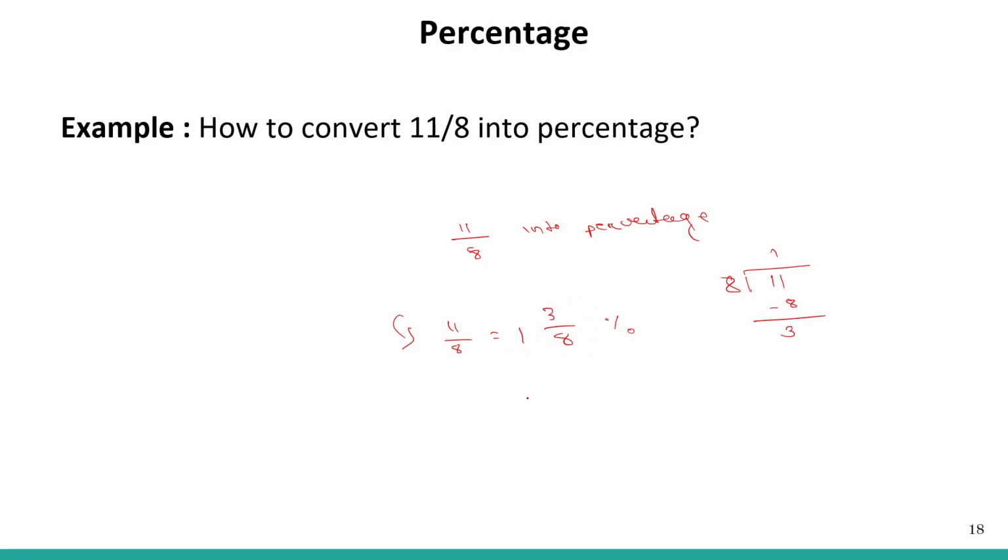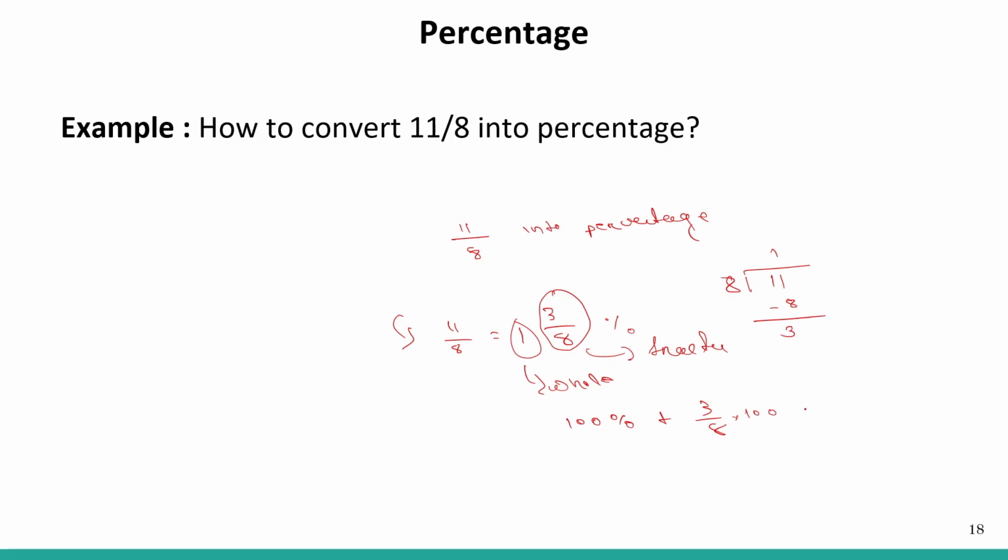Since 1 is a whole, and a whole means 100, we get 100% plus 3 by 8 in percentage. So 3 by 8 in percentage will be, if 8 is the whole, multiplied with 100.